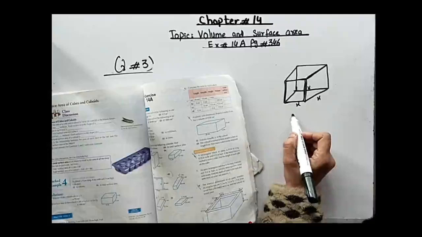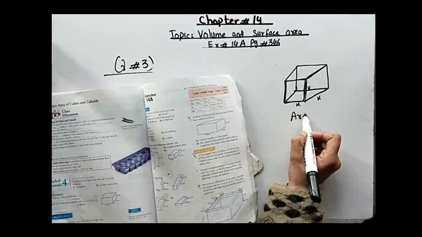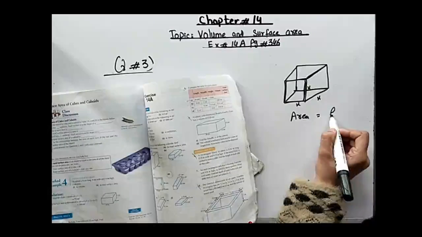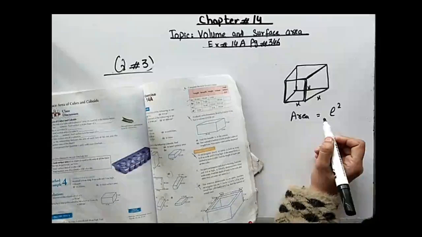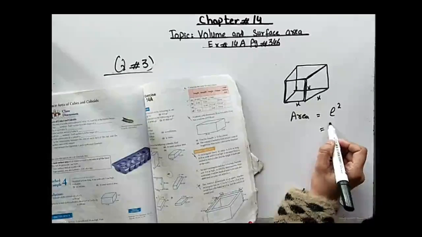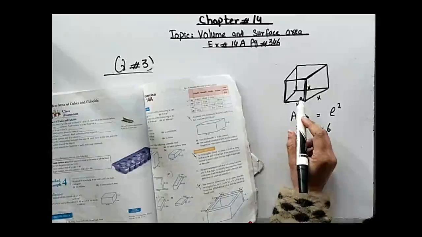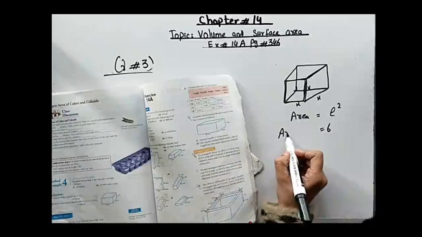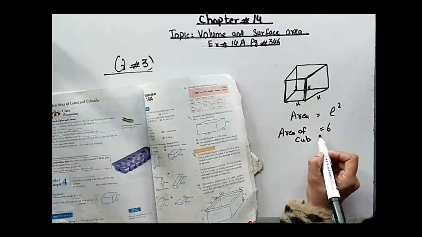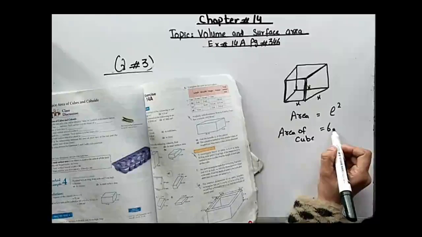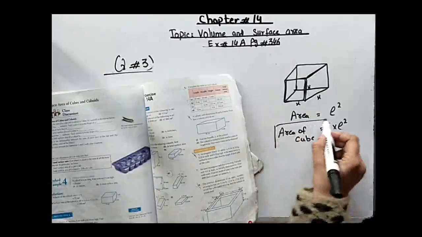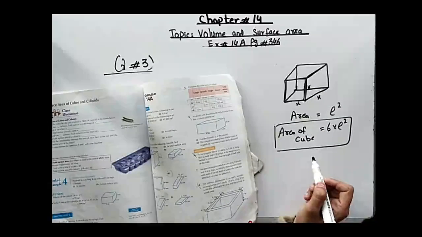As we know, the formula of area for a square shape is L square, length multiplied by length. There are 6 square sides, so when we find the area of a cube, we multiply 6 by L square, and this is the specific formula for the area of a cube.